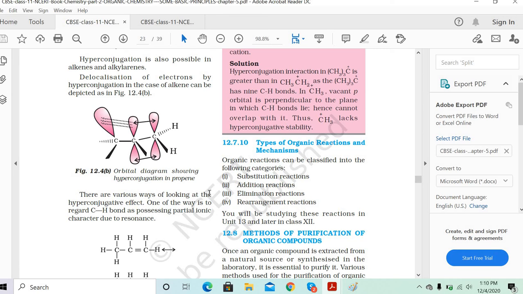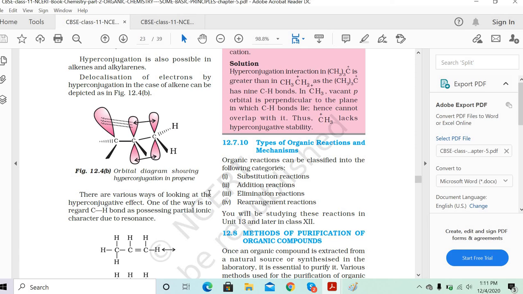So in 12.4b, we are showing the example with propene now. Propene means there is one carbon atom and two carbon atoms which have the double bond in between them. Right?